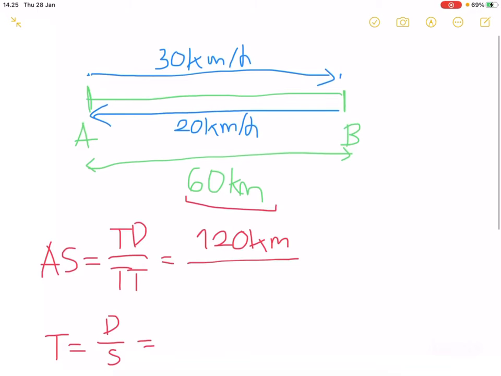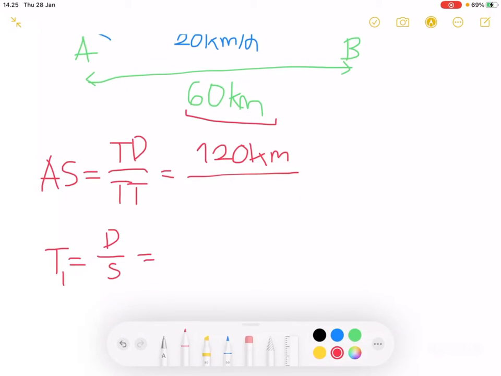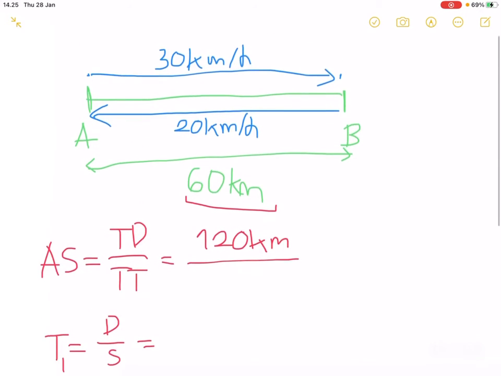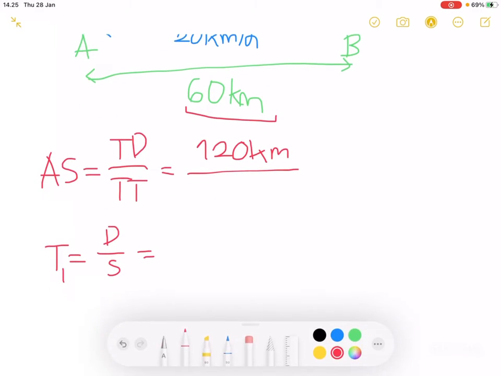In this case, our time for the first part, I'll denote as T1. T1 will be the distance, 60, over the speed, which is 30 kilometers per hour, and that gives 2 hours.